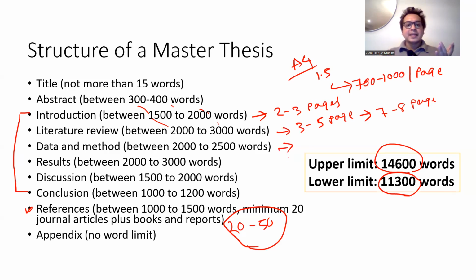Same also here in the data and method section. Although it is supposed to be 3 to 4 pages, often it can be 5, 6 pages or more, simply because we will again have some tables and sometimes figures in the data and method part. Similarly, the results section can easily become 5, 6 pages because we often use some tables and figures.